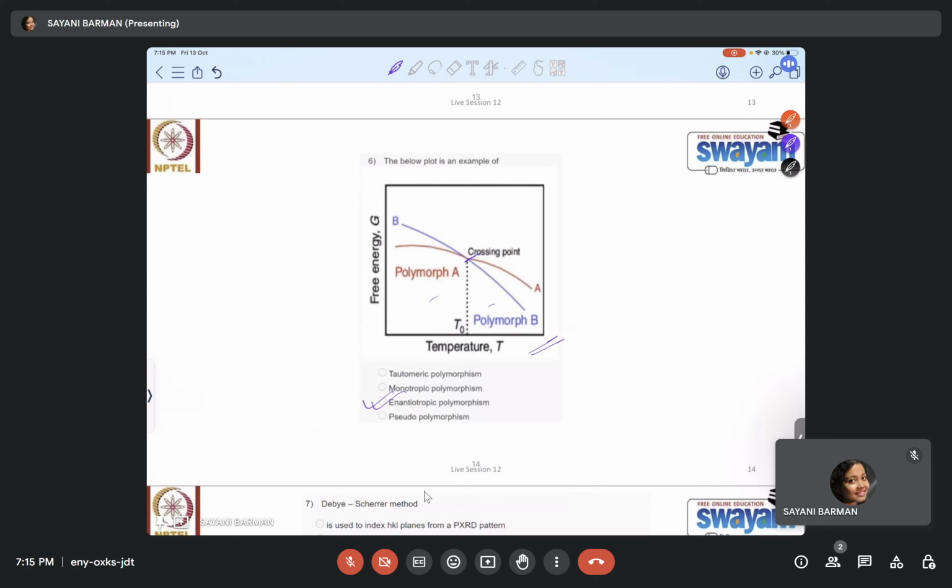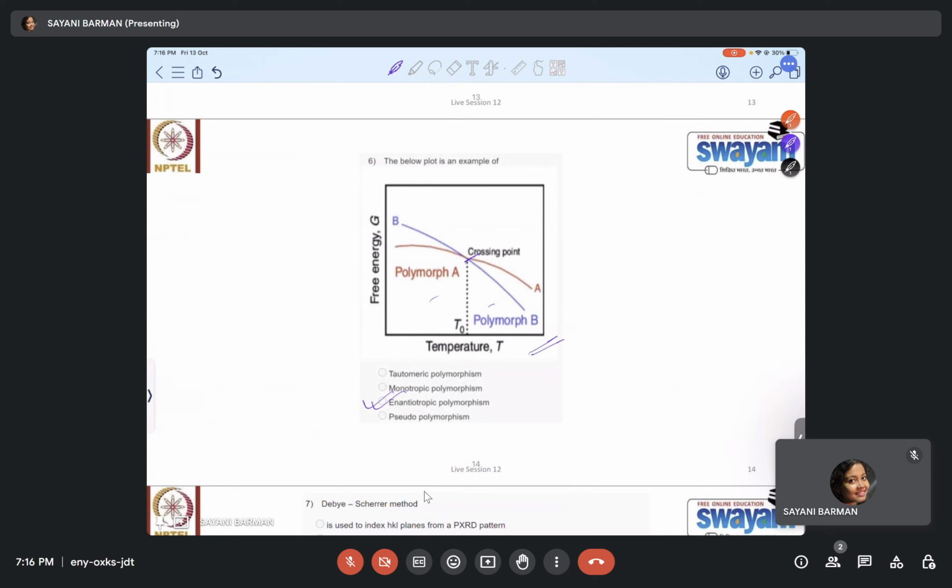But we should also know what pseudopolymorphism is. Pseudopolymorphism is a situation when a substance appears to exhibit polymorphism, but upon closer examination, the observed differences are due to factors other than a change in the crystal structure.